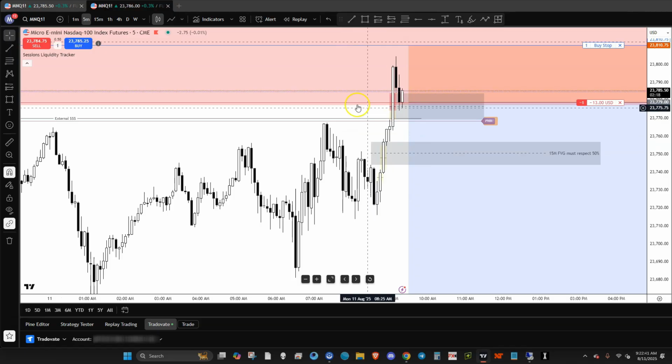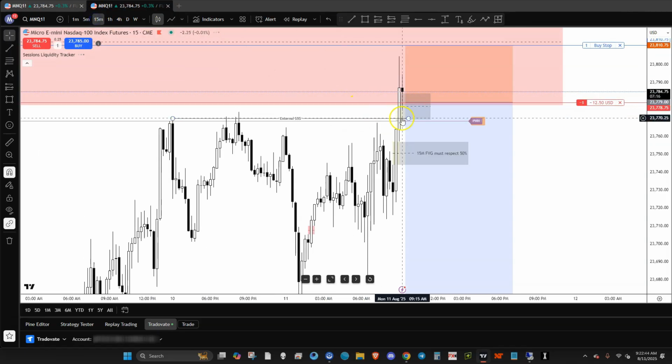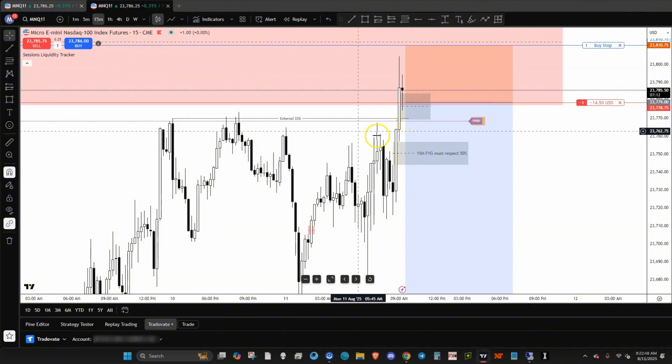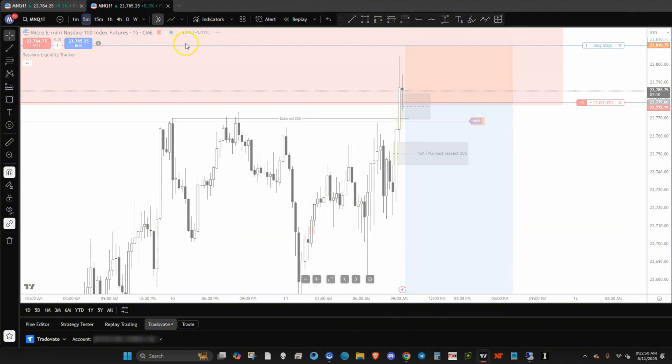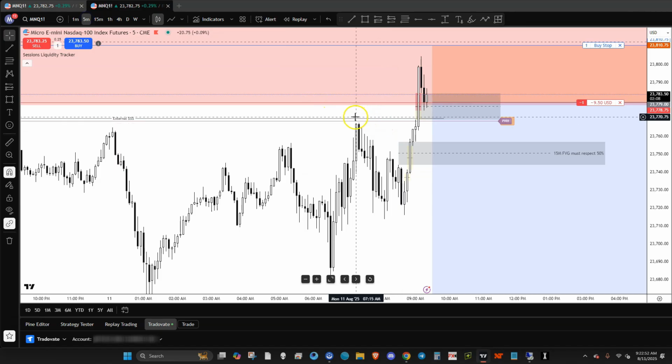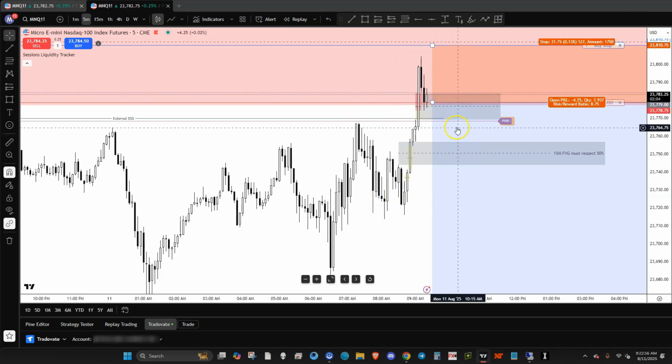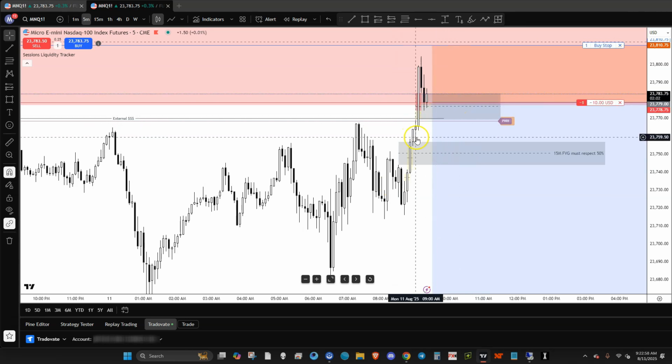It would be better if this fully engulfs all the way down, and then I would know that it's a really good trade. So I'm gonna pause the video and wait to see what they do over here, and I'll come back with a new update.